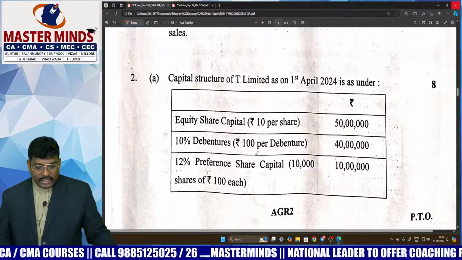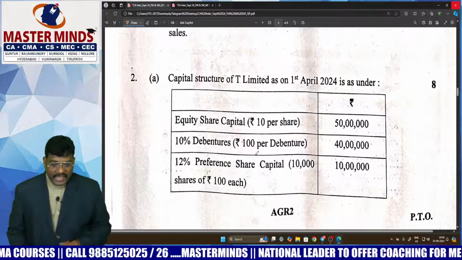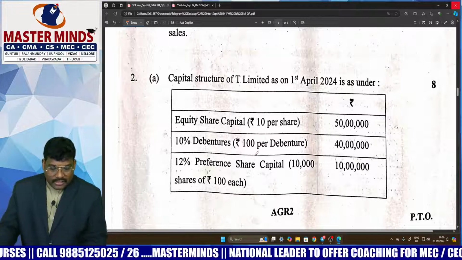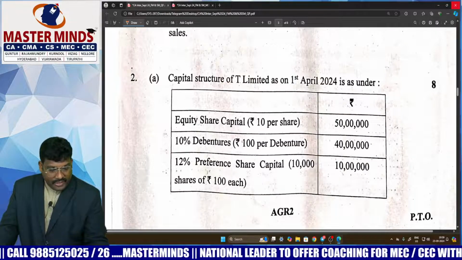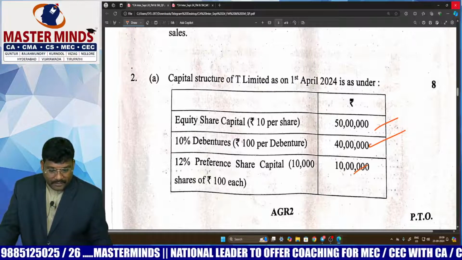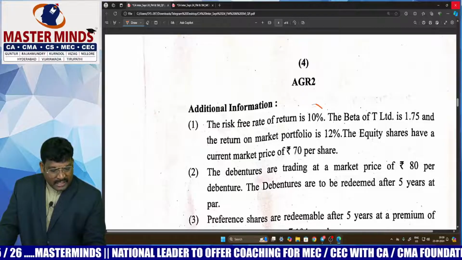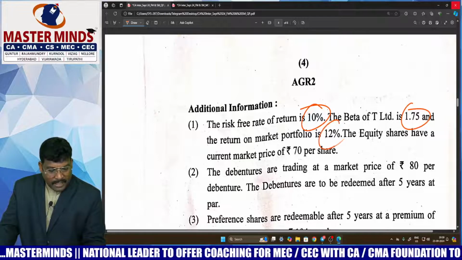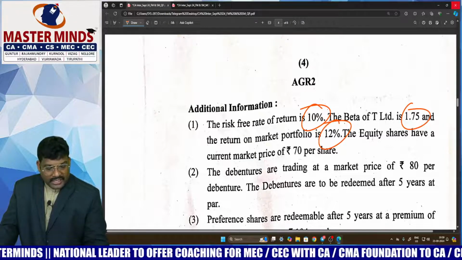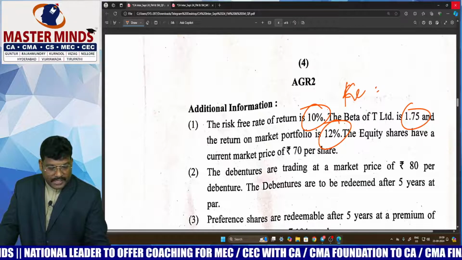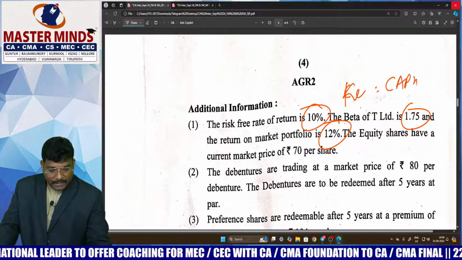Coming to the next question, that is capital structure. So T Limited is given with equity share capital, debenture, preference, right? Okay, so risk free rate, beta, market portfolio are even given. Indirectly they are asking to estimate KE basing on the CAPM approach.